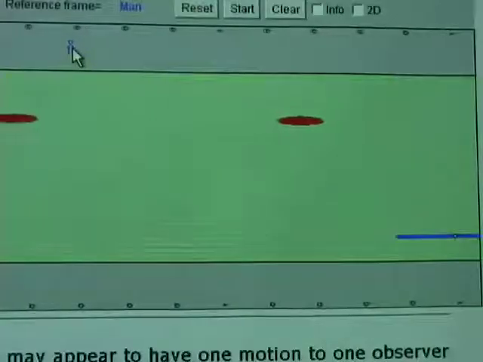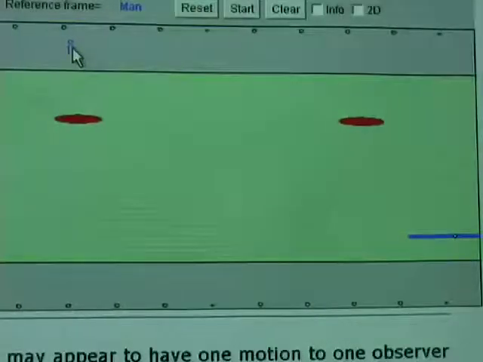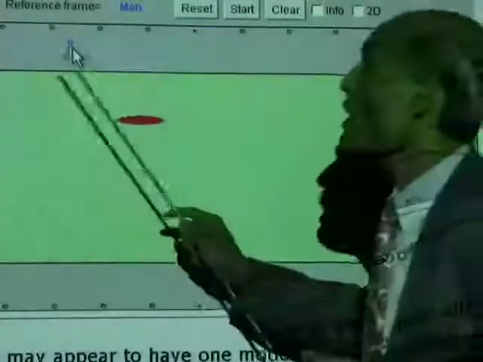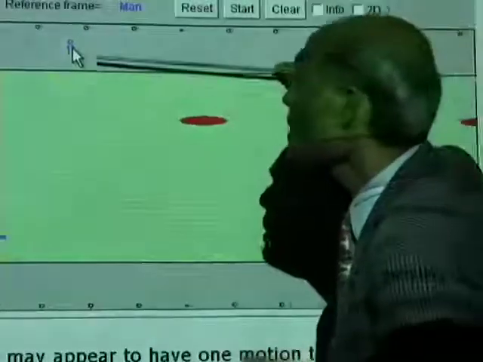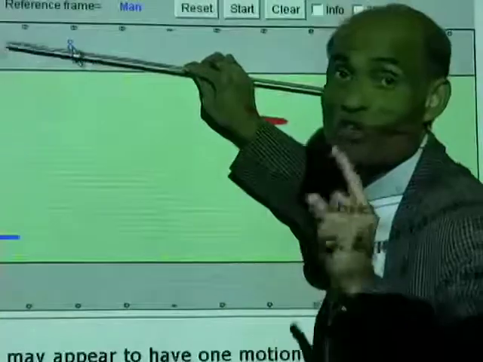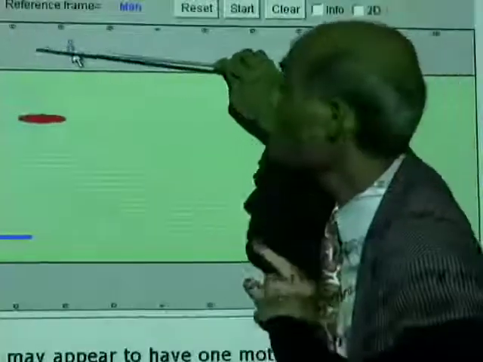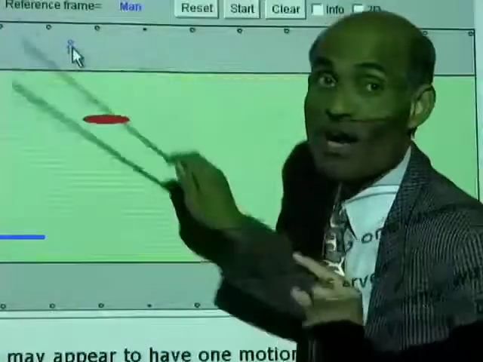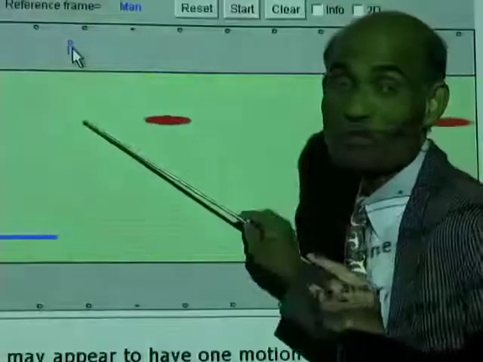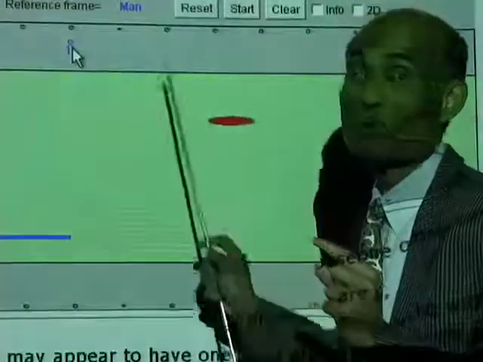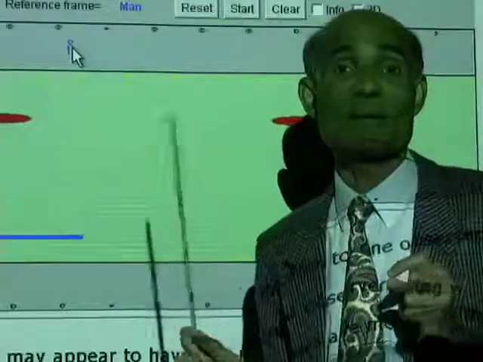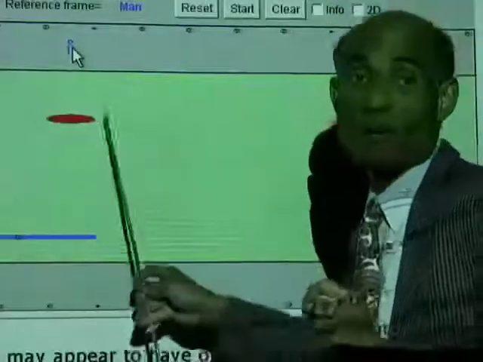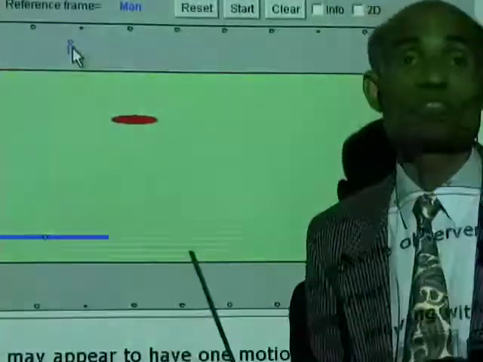There, the reference frame now is the man. We brought him to a stop by applying an equal and opposite velocity to his, which is 1 meter per second in the negative x direction. Apply the same velocity to the boat. So what is the velocity of the boat now measured by the man? It will be 5 minus 1, which is 4 meters per second.